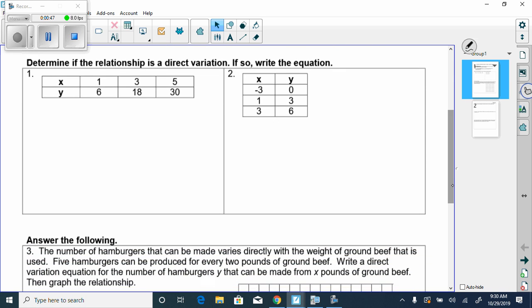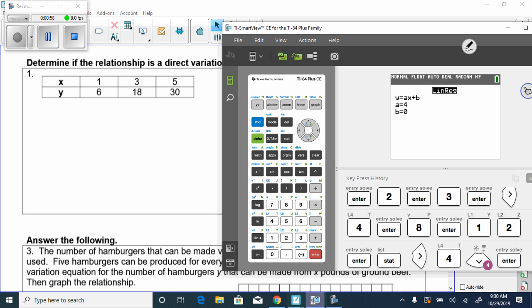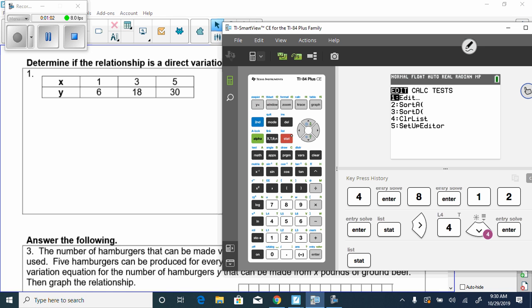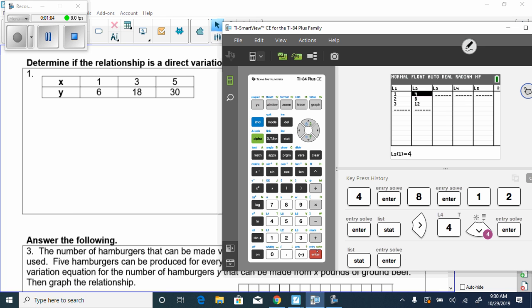Here, it says determine if the relationship is a direct variation. If so, then write the equation. So we can use that same calculator method to do this. I can bring up stat, edit. I want to fill in my list.